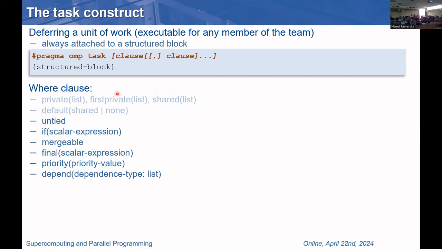Or you can say default none, which is very interesting because in this case, the compiler will complain if a variable used by the task is not in one of the private, firstprivate, or shared clauses.